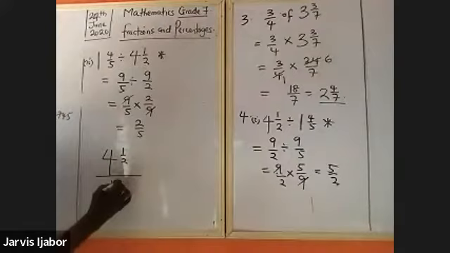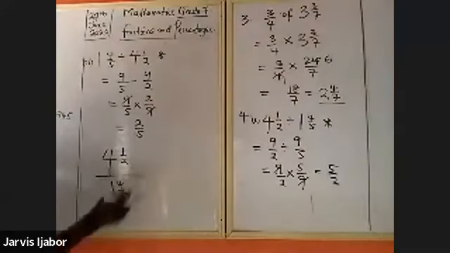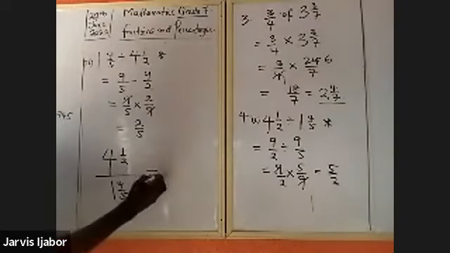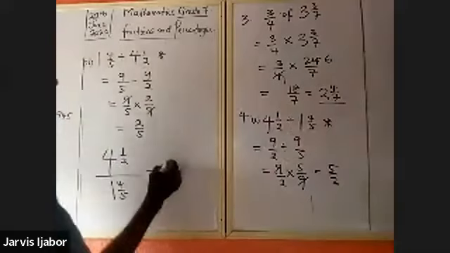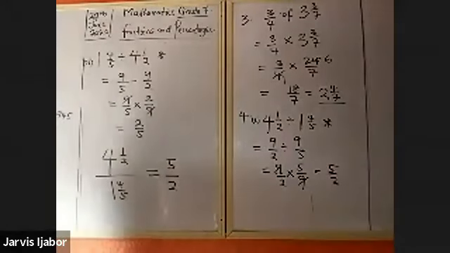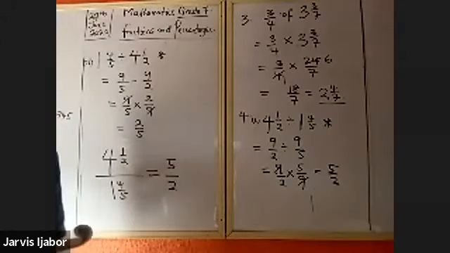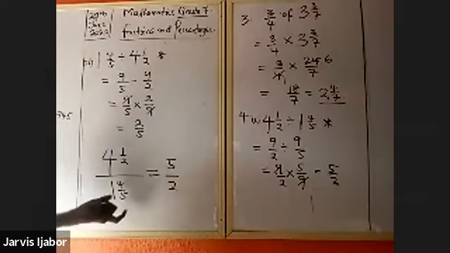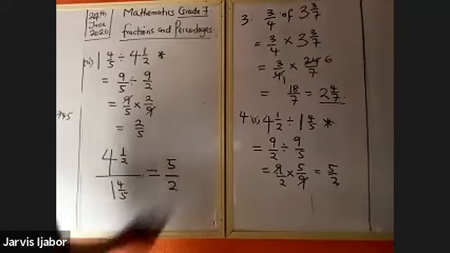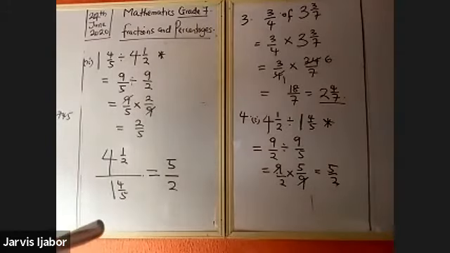One number 4 over 5. So it will be this divided by this. That's what the question is actually talking about. And that will be equal to this one, which is what? 5 over 2. Divided into. So this one is divided into this part. How many of this are you going to have? It will be this. So that settles that answer.